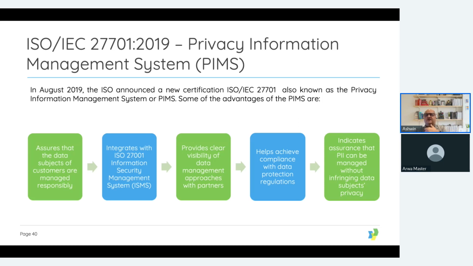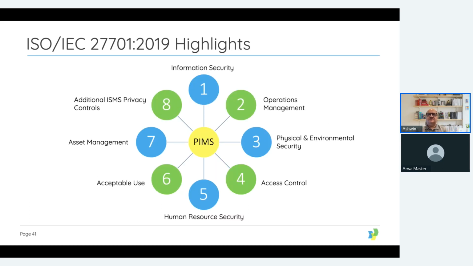If you just buy certificates and do not implement in the core aspect of it, in the true spirit of it, you will never ever be able to comply with either DPDP or any privacy acts or even cybersecurity compliances for data breaches. You will never be able to do that. So it will help you provided you implement in the true spirit of the requirement of the control. Right? It indicates that assurance can be managed without infringing data subjects' rights. Yes, this is what the framework talks about.